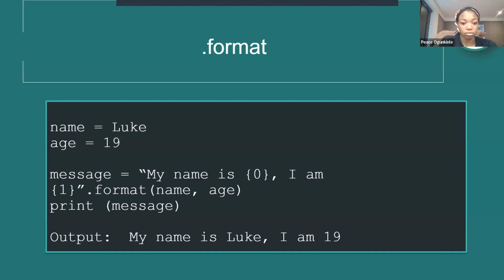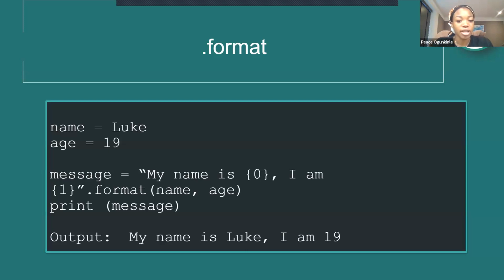So to explain this, it says dot format name comma age. In the curly brackets, the curly brackets are almost like placeholders. So by doing dot format name age, you're replacing each curly bracket with the values you've defined above.